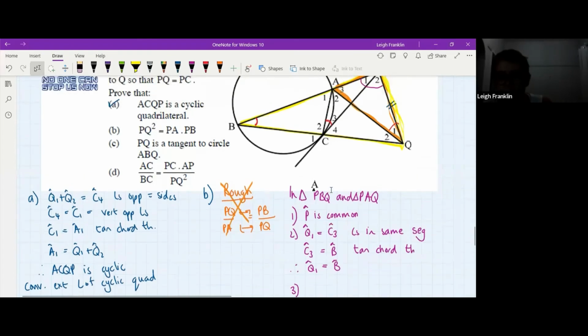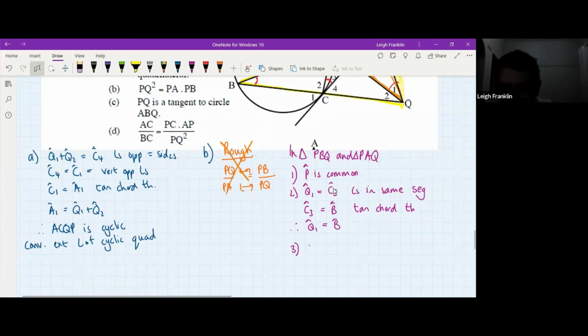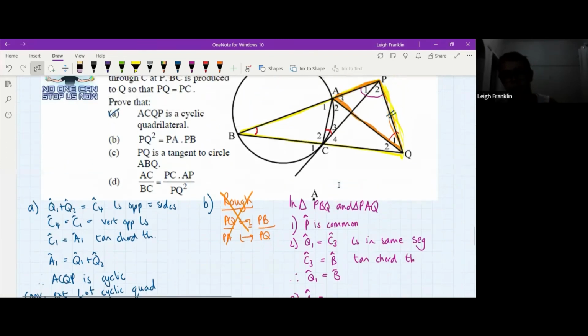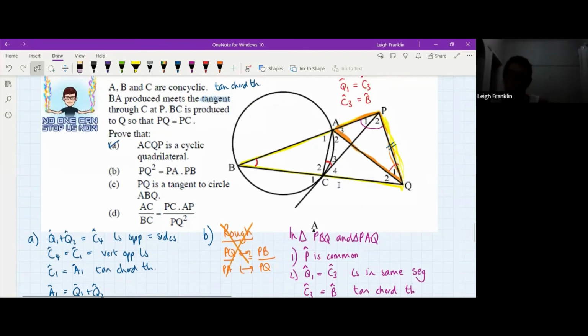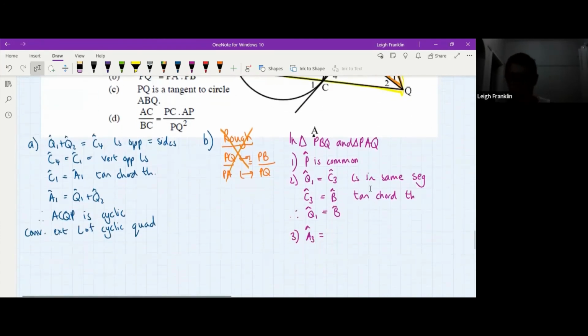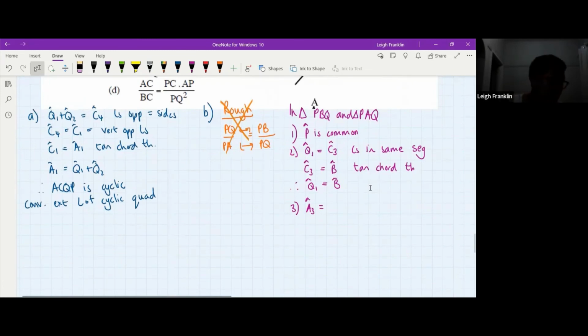Q1 equals B. And then that means that A3, which is the remaining angle in triangle PAQ, has to be equal to angle Q in triangle PBQ. So A3 would have to be equal to Q1 plus Q2. Okay, angle sum in triangle.